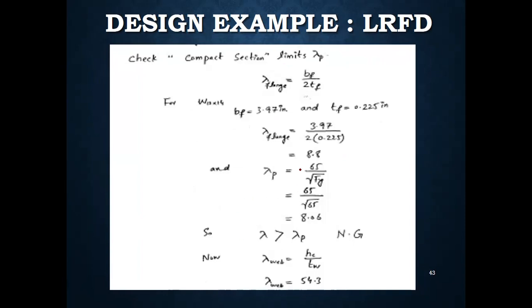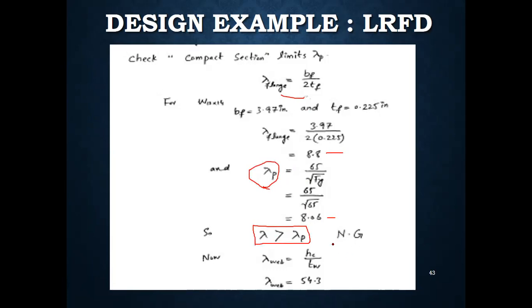Once we find the compactness value for the flanges of this section, it comes out to be 8.8. Once we apply the formula for the limiting criteria lambda p for flanges, its value comes out to be 8.06, which means that lambda is more than lambda p.